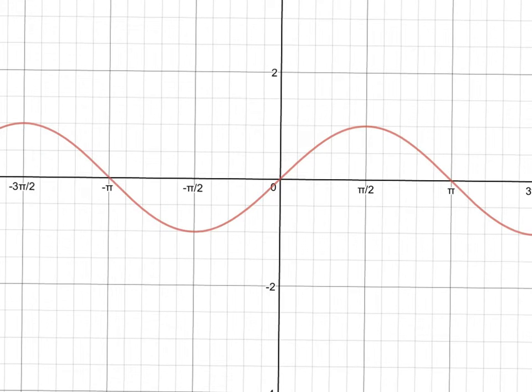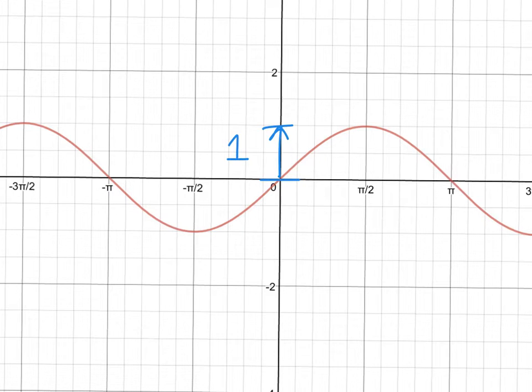The amplitude is the total height divided by 2. So what is the total height? You can see that it goes up 1, down 1. So the total height is 2. Divide by 2 means the amplitude is 1. The other way to look at it is, like I mentioned, it's from the center of the graph to the top or the bottom.